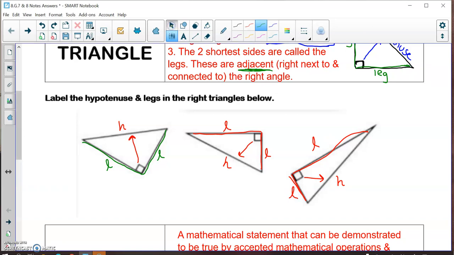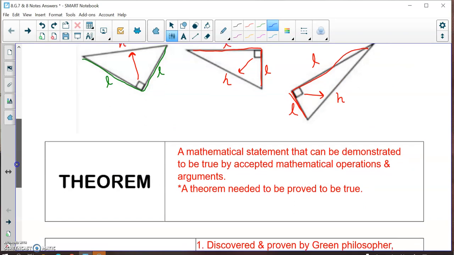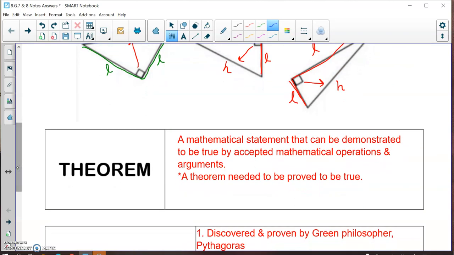All right. Now, again, we're talking about the Pythagorean theorem. Some of you might be wondering, what is a theorem? A mathematical theorem is a mathematical statement that can be demonstrated to be true by accepted mathematical operations and arguments.